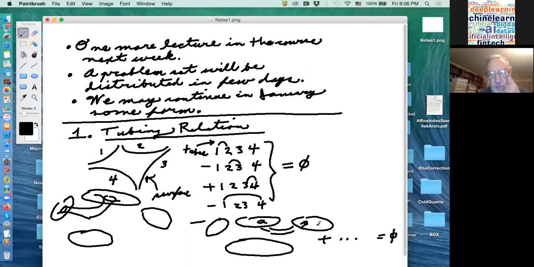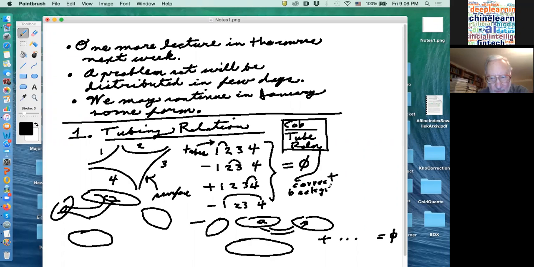And the result is that cobordisms modulo the tube relation forms the correct background for the covariant homology. And we explained in quite a bit of detail last time how that works.